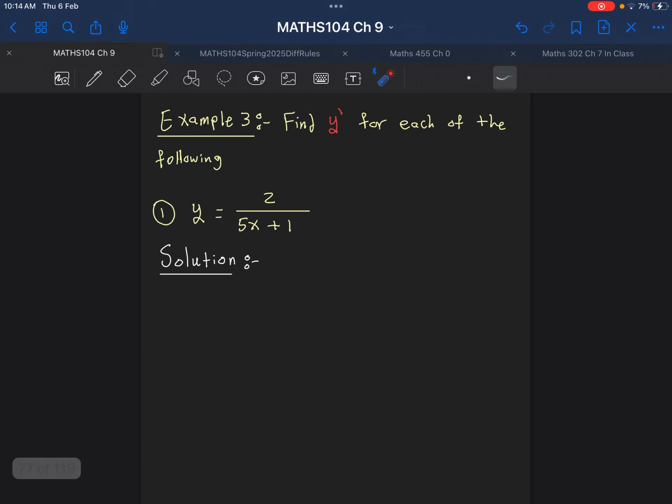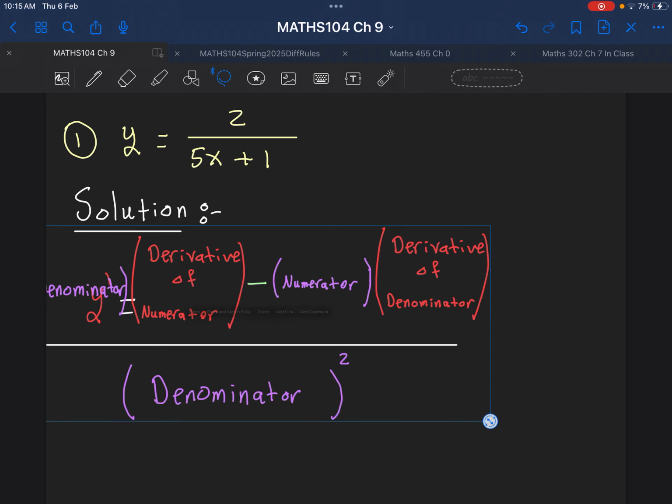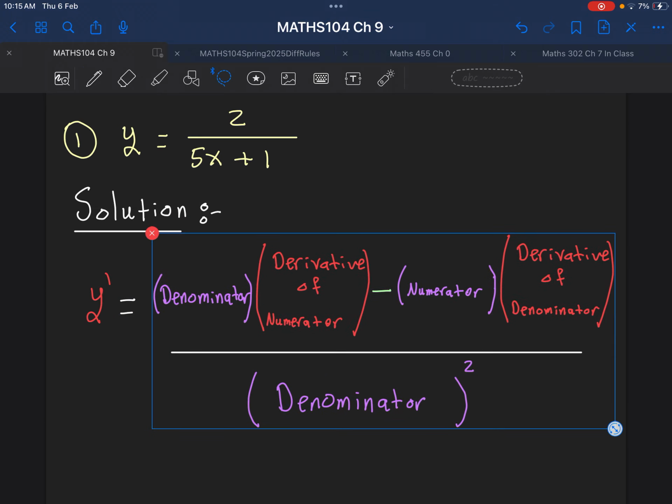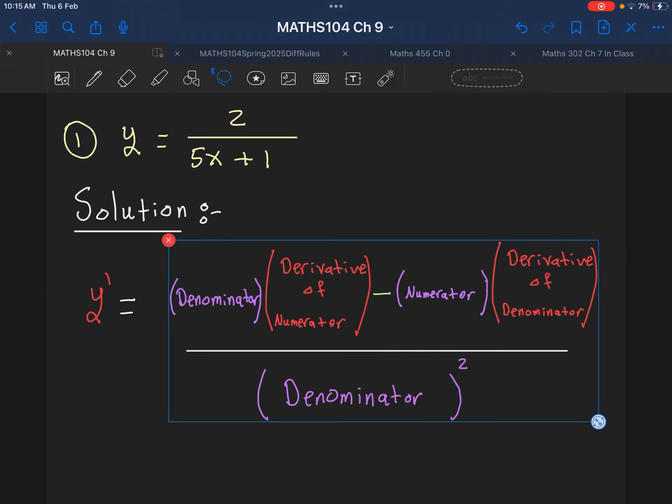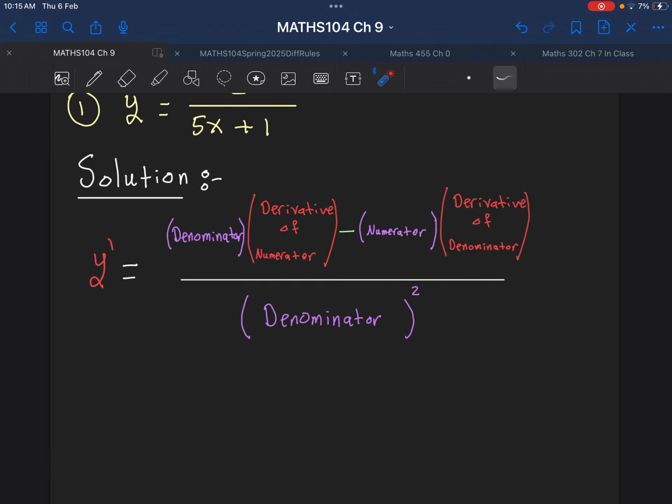So in this question, we need to find y prime for this one. So we'll just go ahead and we'll find y prime. So y prime equal to, now I will use the quotient rule. Why do I need to use the quotient rule? Because remember, the quotient rule is used if we have numerator and denominator, which is what we have in this case.